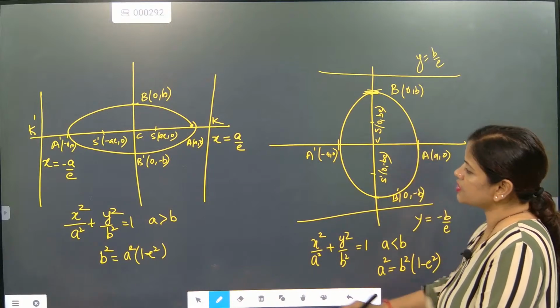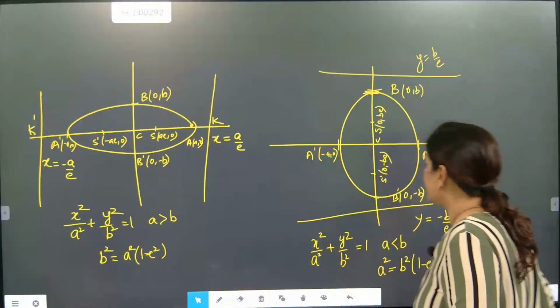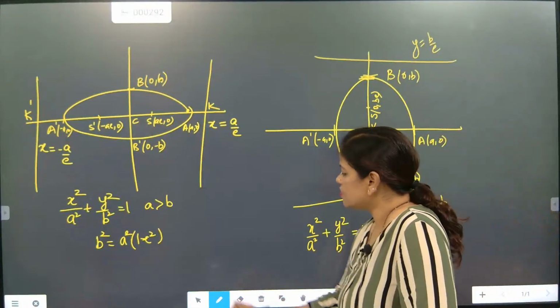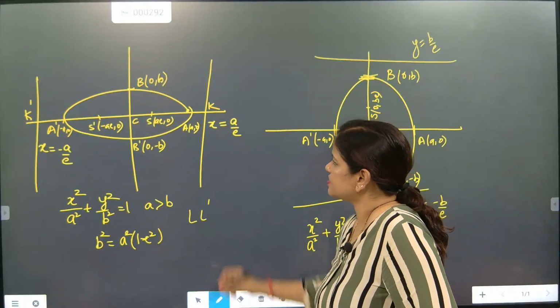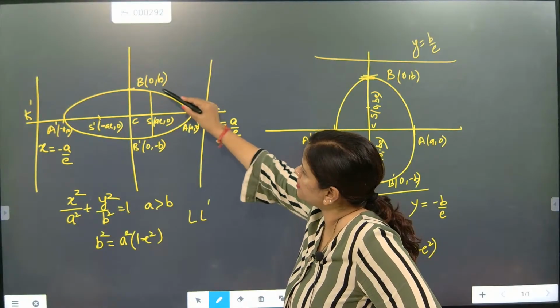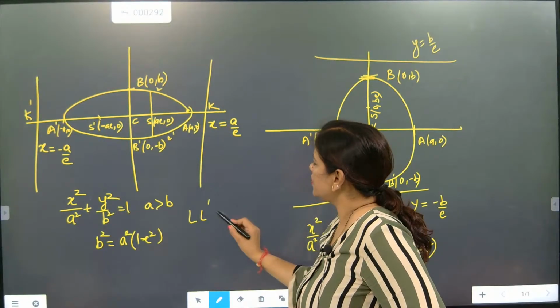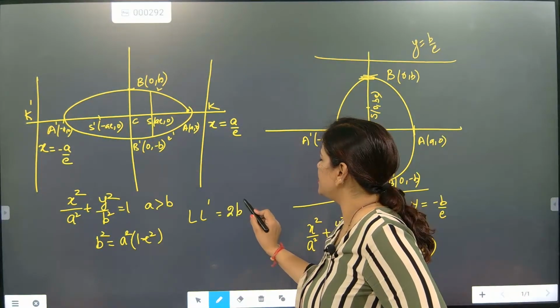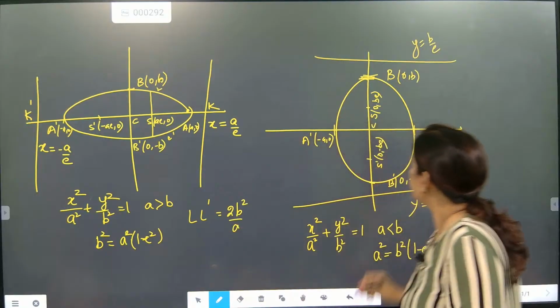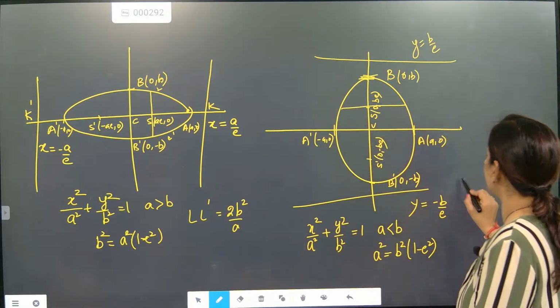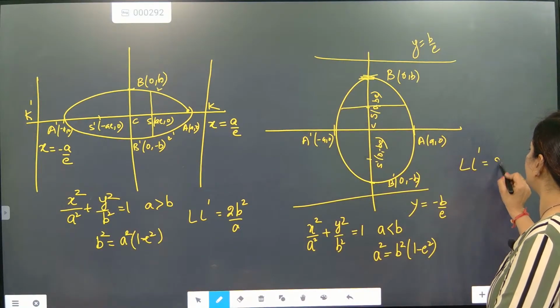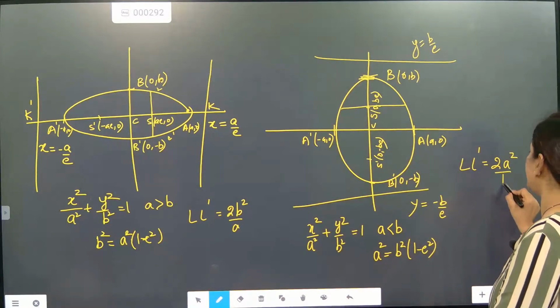So the major focus point, this point, here the length of the latus rectum. Just now we got the L dash answer, because this is the latus rectum, L dash. So we got it as 2b square by a. And here the latus rectum will come, L dash is equal to 2a square by b.